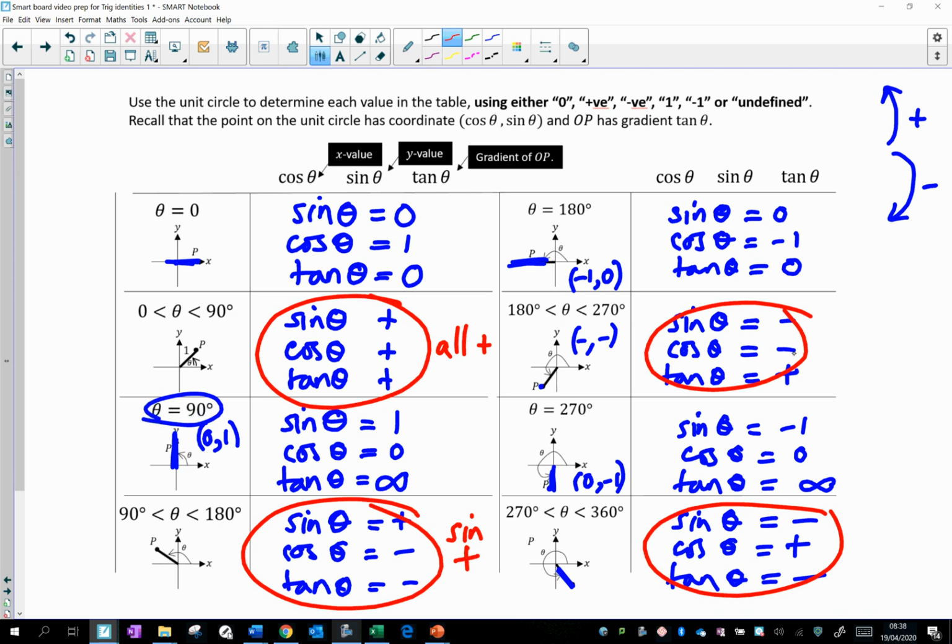Between 180 and 270, tan is positive and the others are negative. And between 270 and 360, cos is positive and the rest are negative. And you need to learn this. So all of them, sine positive, tan positive, cos positive. On the next slide, we're going to look at how we can get that from the graphs as well.